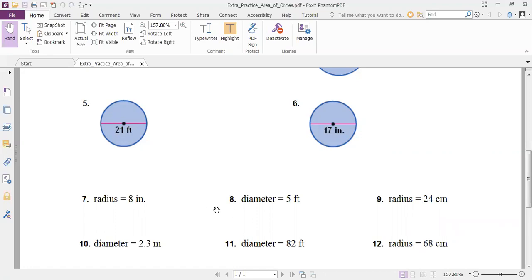Muhammad, I need you now to look at example number 8. The diameter is 5. So the radius equals what? The radius equals 2.5, so 5 divided by 2 equals 2.5, right?